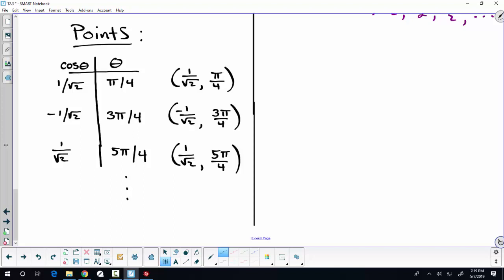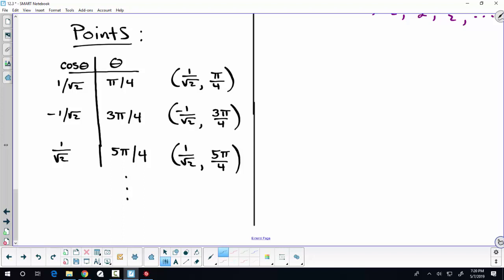Think about section 10.2, when we had all those polar points and we came up with an equal representation for the same point. From pi over 4 to 5 pi over 4, we had to add pi, and if we add pi and then negate the r, we have the same point, right? So are any of those the same point?